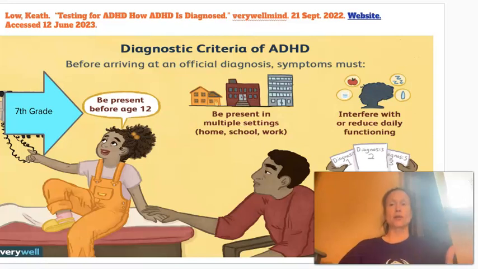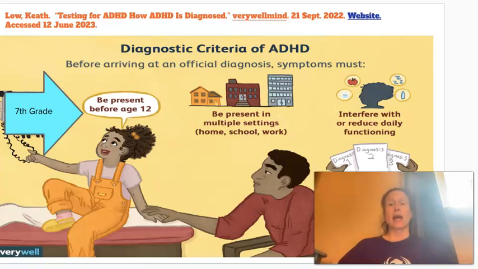So if you as an adult are like, I have ADHD, I have ADD, I'm going in there to get a diagnosis, the psychiatrist is going to ask you, tell me about yourself at age 12 or younger. So you would talk to your parents and family. What was I like? Some teachers back then. Again, childhood, 7th grade, 12.